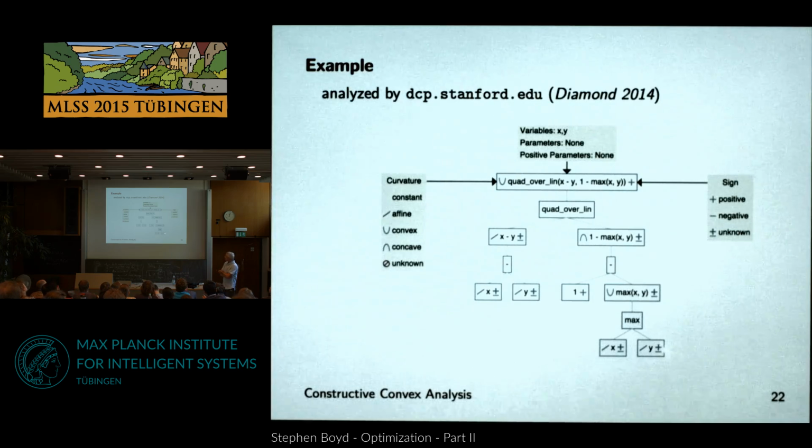On the right of every sub-expression is shown the sign. Plus minus means we don't know the sign. Plus means it's non-negative. Minus means it's non-positive. The curvature is shown on the left. If it's affine, it's got a line here. If it's convex, it's got something going up. If it's concave, it's got something going down. Okay? And so this just shows you what this function is here.